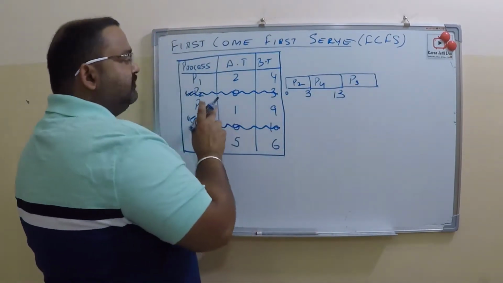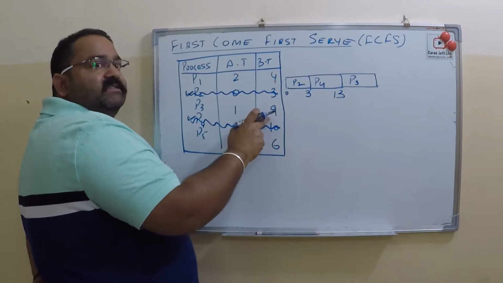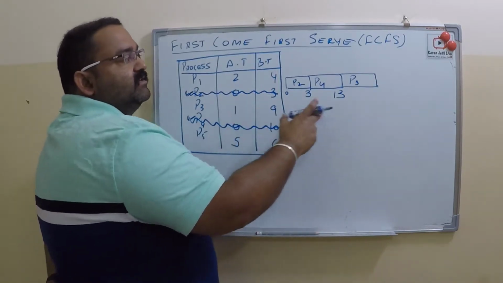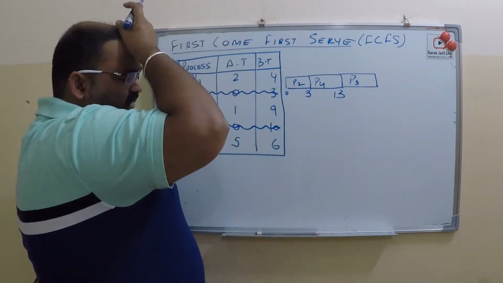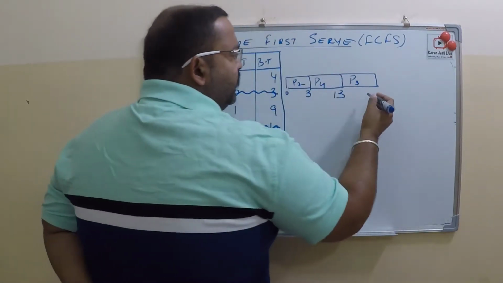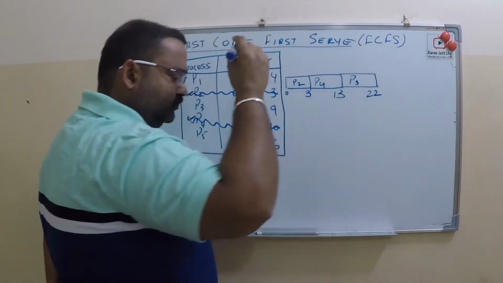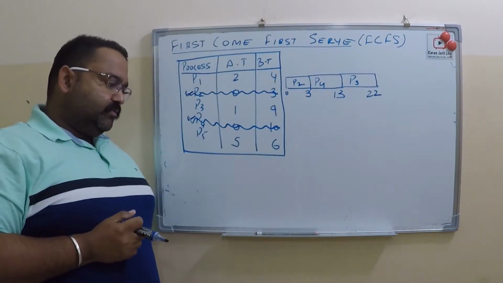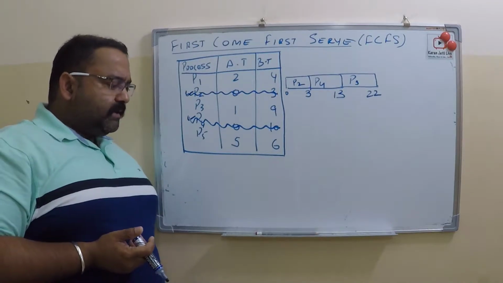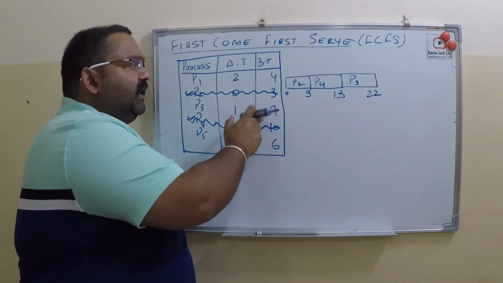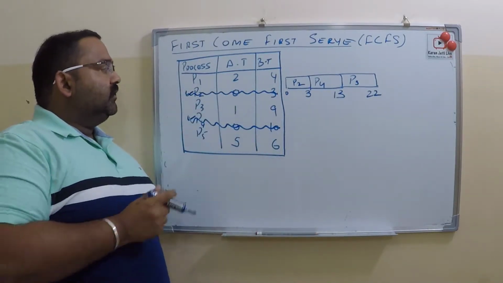P3 needs 9 seconds. 13 plus 9 gives you 22. So P3 will finish at time 22.